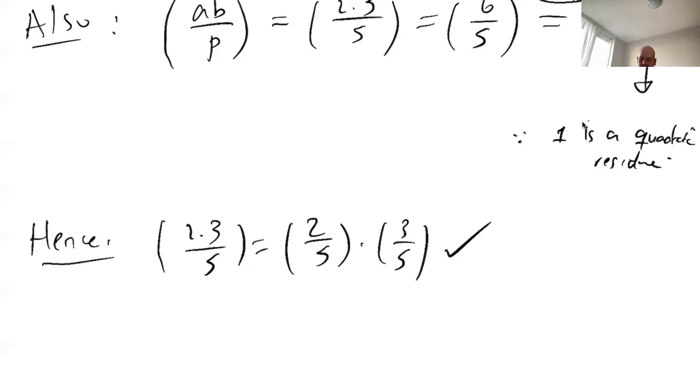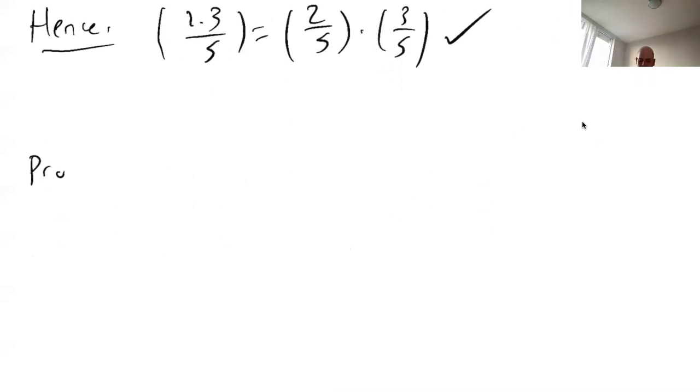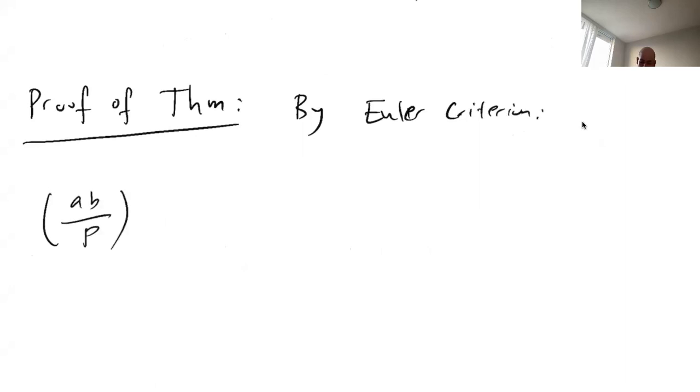Okay, now let's see how we can prove the theorem. So proof of theorem. Let me say by Euler criterion, AB over P is the same as AB to the power (P-1)/2, right? Remember, Euler criterion was saying that A over P is always the same as A to the power (P-1)/2.